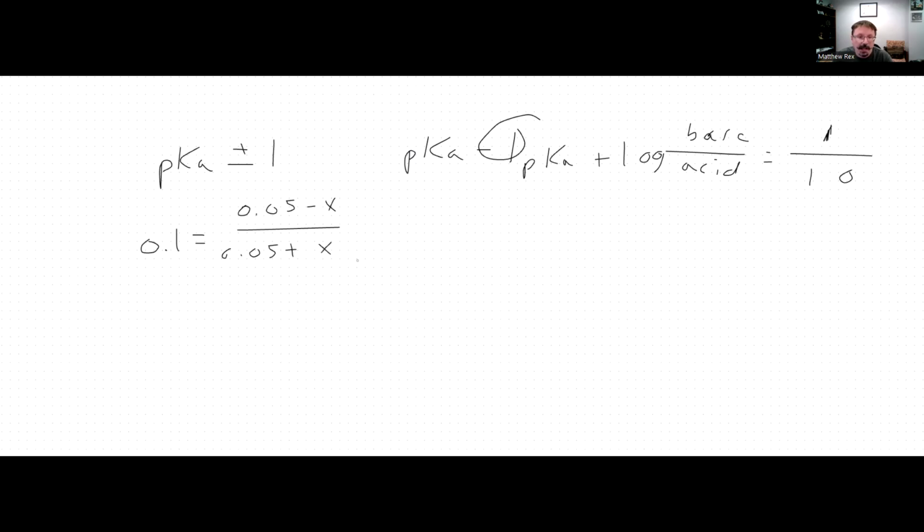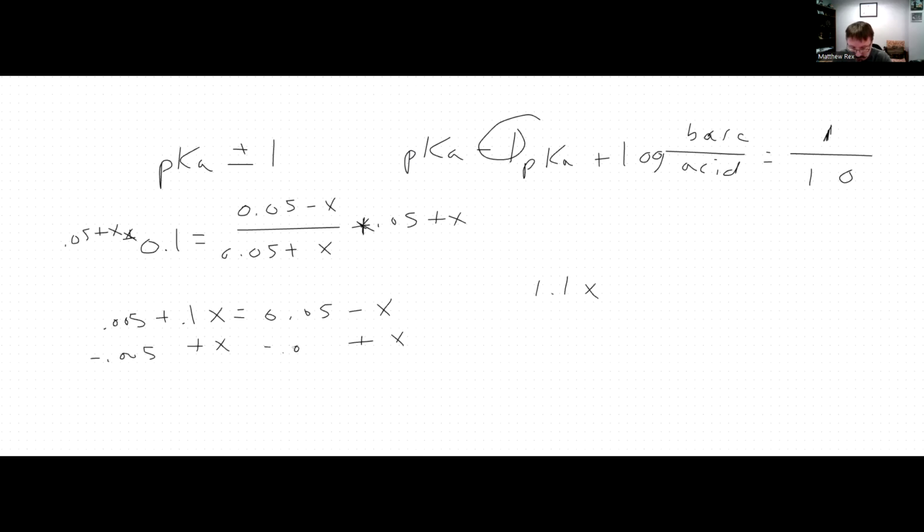So if I multiply both sides by 0.05 plus X, then we get 0.005 plus 0.1 X equals 0.05 minus X. I'm going to add X to both sides and subtract 0.05 from both sides.